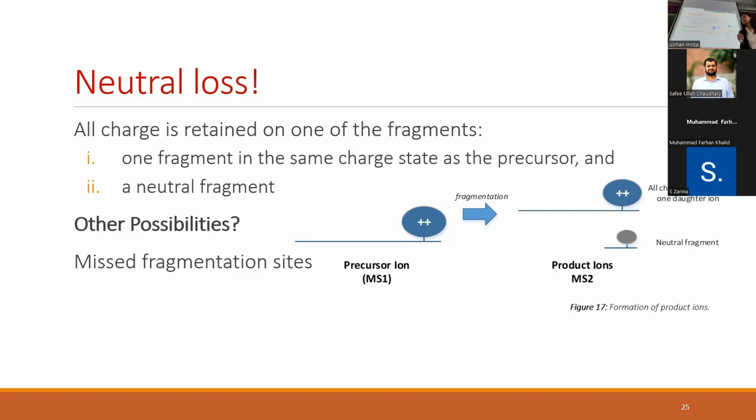But you said it's not charged, so MS does not detect this. How do we detect this neutral one after using your method? Taking the full length minus MS2, you get the other MS2, okay? And this goes missing. How do you validate after your method that this is actually present?